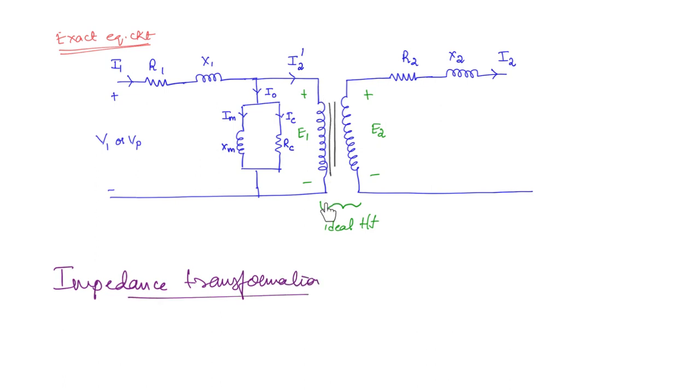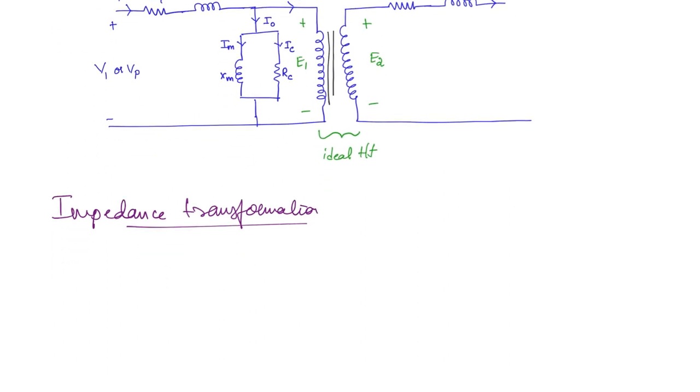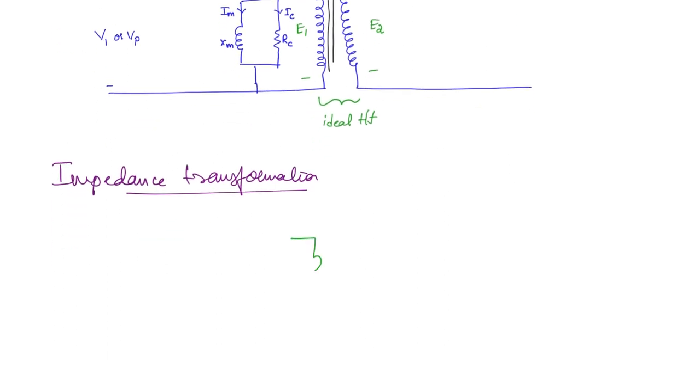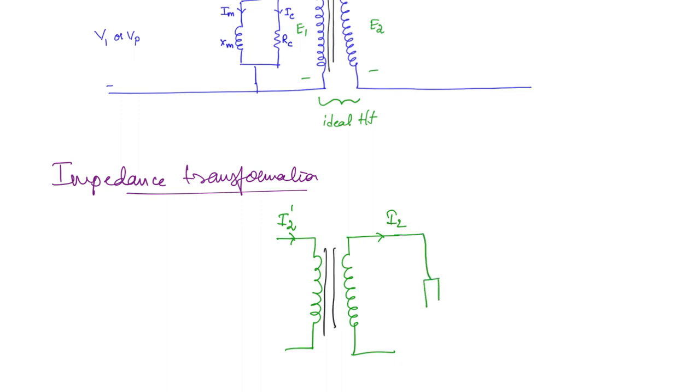So we will consider this ideal transformer, okay. So here the current that will be flowing on the primary side is going to be I2 dash, and the current on the secondary is I2, okay, and this is the ideal transformer, remember. Now if you have a load impedance here whose value is ZL, okay.